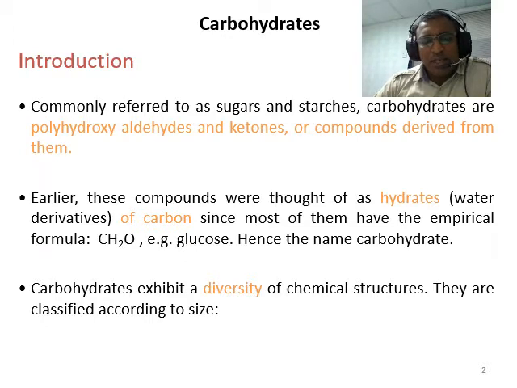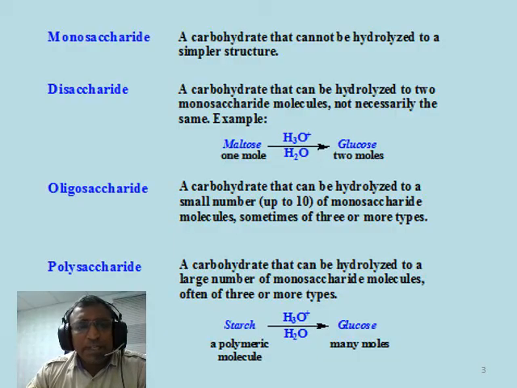In the next slide, we will look into the diversity of the chemical structure itself. In this slide, the breakdown is given from monomer up to polymer. The monomer is monosaccharide for carbohydrate, for example glucose, fructose, galactose, mannose. These monosaccharides do not have a glycosidic bond because they are not connected to any other monosaccharide. Disaccharide, on the other hand, is a combination of two monosaccharides, and it has one glycosidic bond.